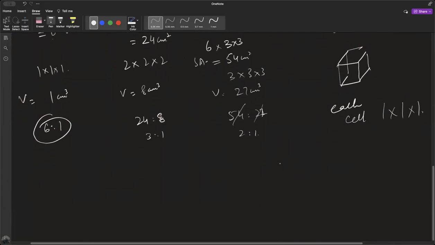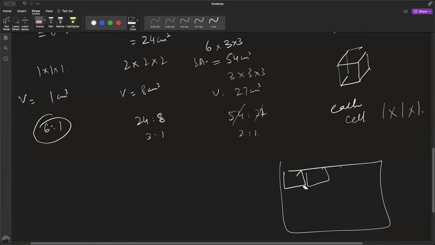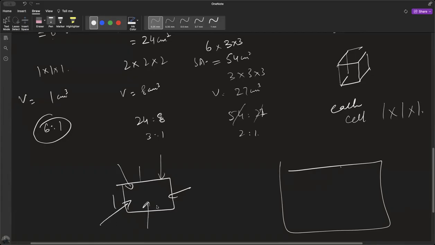If we bring this into 2D, you can understand it like this. So this was one cell of 1 by 1. Easily it is getting everything from everywhere it wants. Exchange. Easy.